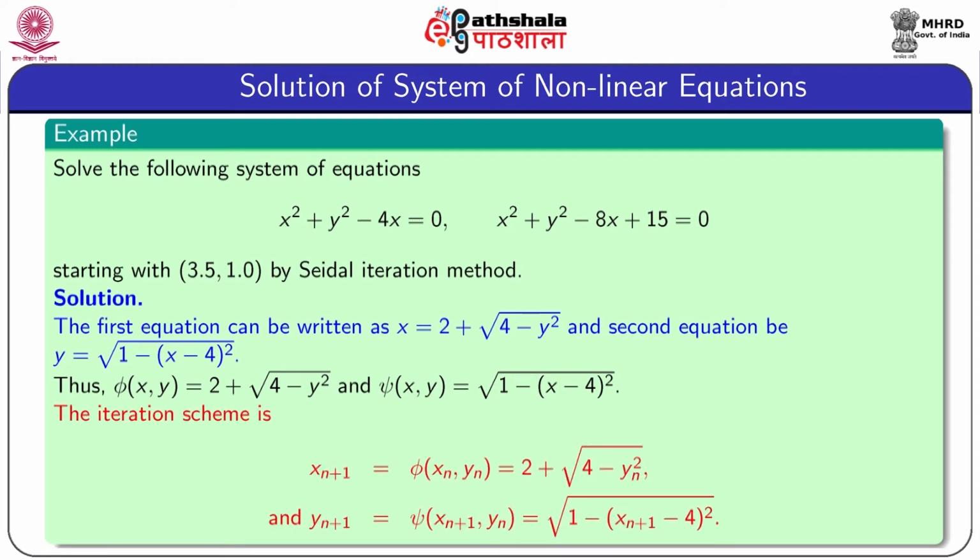Thus, the iteration scheme is x_{n+1} equal to phi of x_n, y_n, which is equal to 2 plus root over 4 minus y_n square, which is exactly the same as the iteration method, but the second iteration scheme is changed. That means y_{n+1} equal to psi of x_{n+1}, y_n, which is equal to root over 1 minus (x_{n+1} minus 4) power 2. So, here x_n is replaced by x_{n+1} in the Seidel iteration scheme.